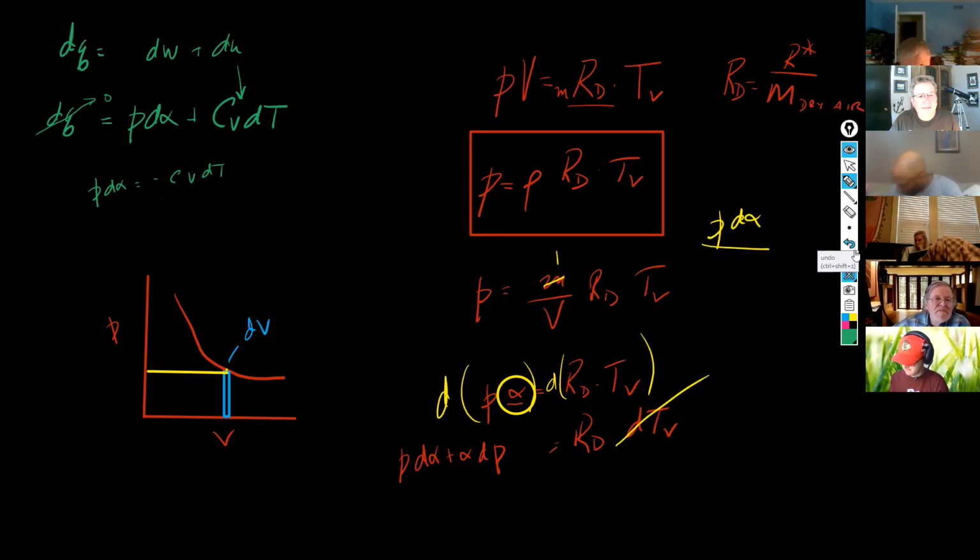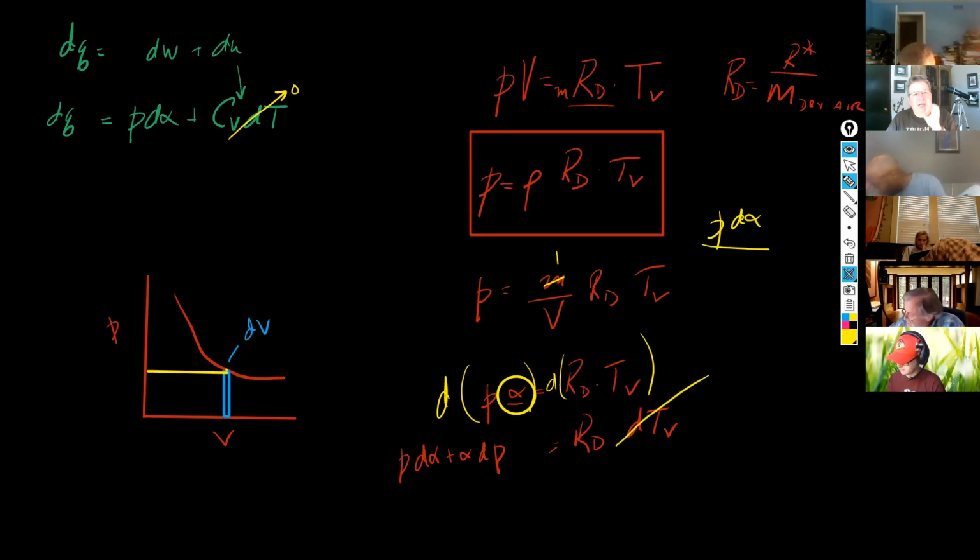Let's go back and say, well, do you understand that's an adiabatic process? What if I had an isothermal process? Isothermal process, this term goes away. And now we see that the heat is what's causing an expansion. All the heat is not going to raise the temperature, it's causing an expansion.